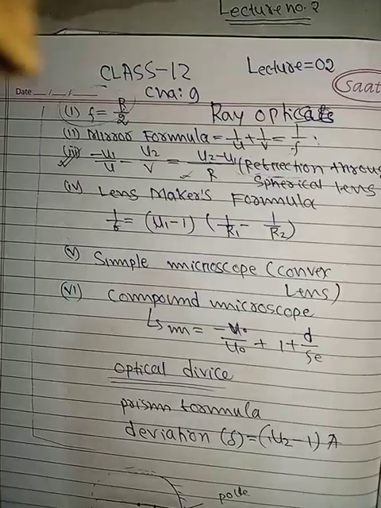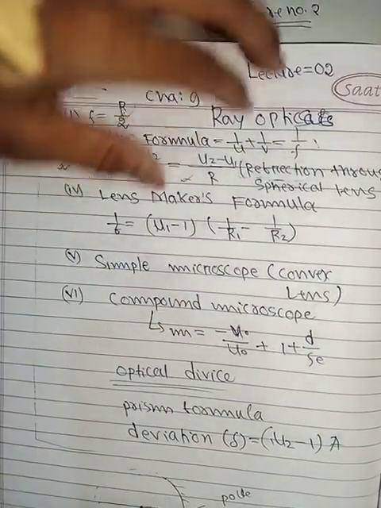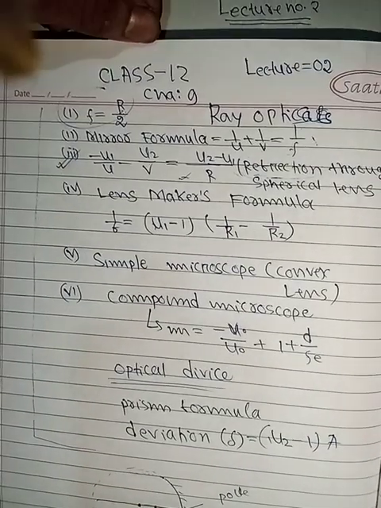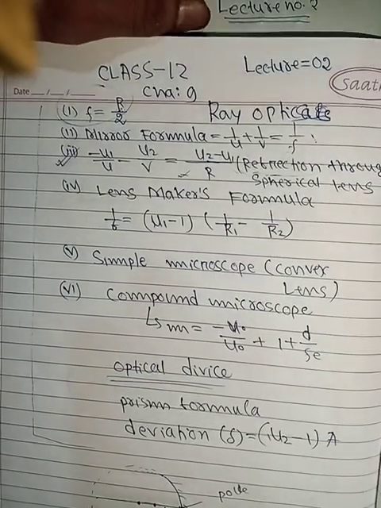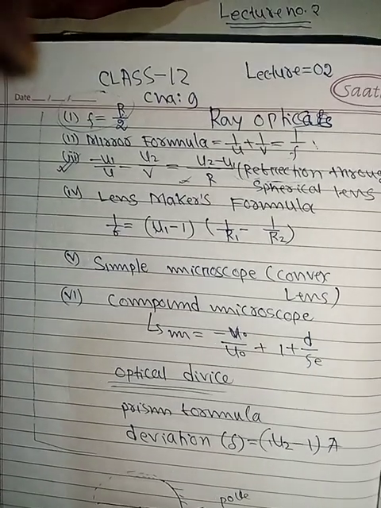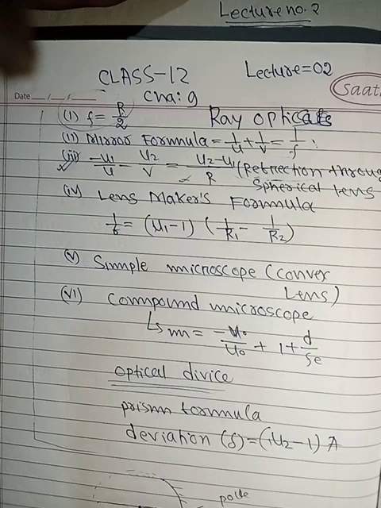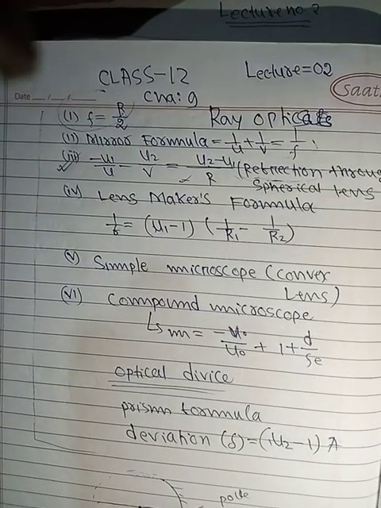Before going to derive these equations, at first I want to suggest that you need to study in a proper way, because you are a student of class 12 and this is a very important, critical stage. If you are able to cross this stage, then you are able to reach your target point.